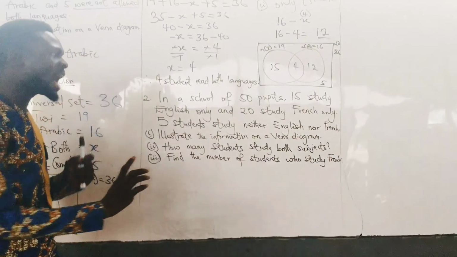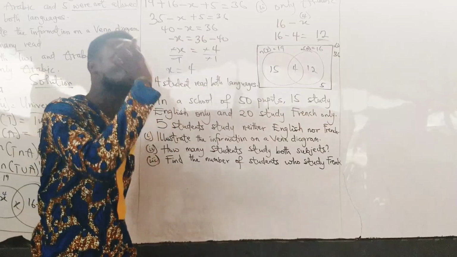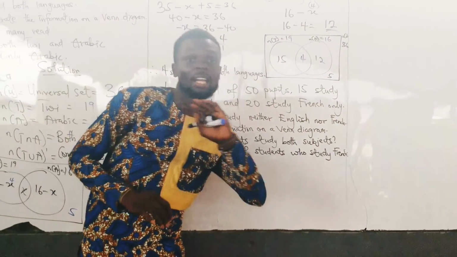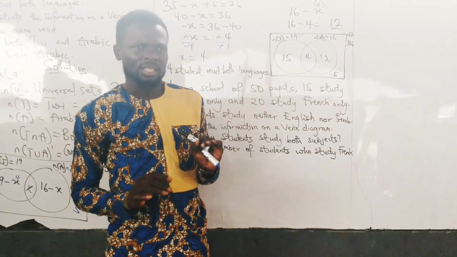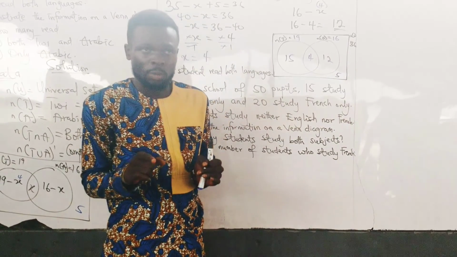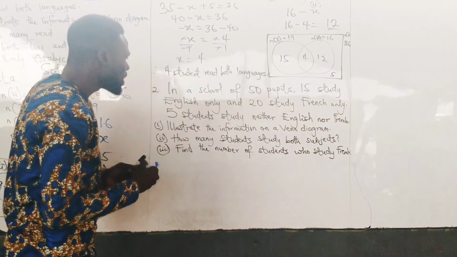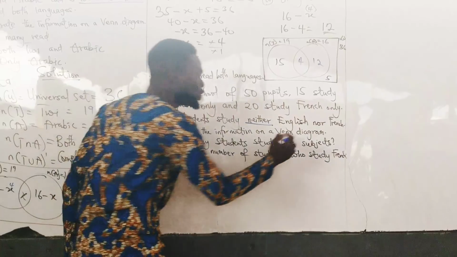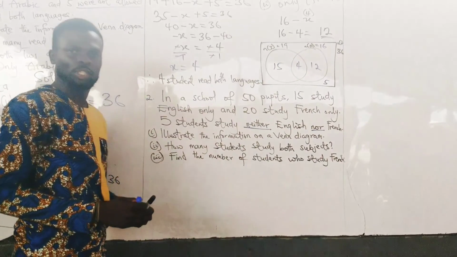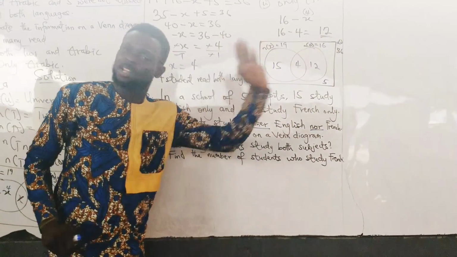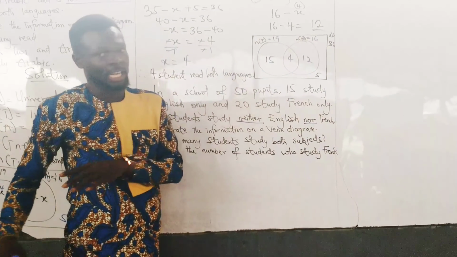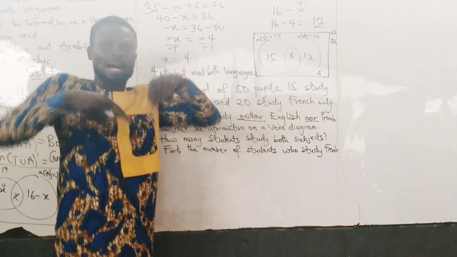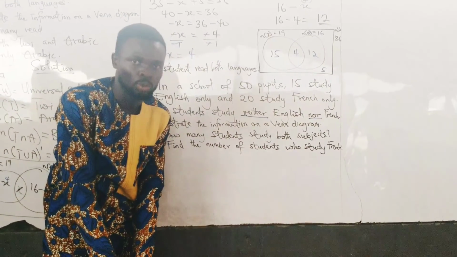Now, if you are to answer, try to locate the key words there. When we're reading, we had no "at least", which means, would there be a complement or no complement? But the question said 5 study neither English nor French, which means they didn't study French, they also didn't study English, meaning they are complements, but they are in the school.